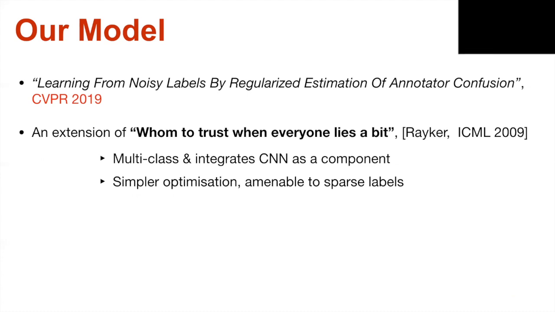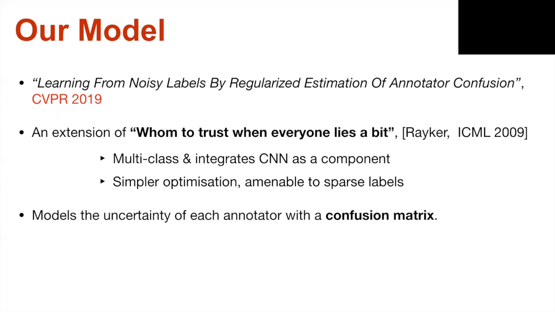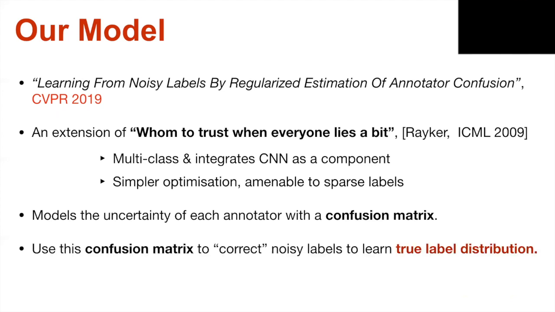I'm going to show you some results later on of how our method performs, even in the case where there's only one label available per image, where the majority vote would completely fail. Specifically, our model captures the uncertainty or noisy behavior of each annotator with a confusion matrix. The aim of this work is to jointly learn the confusion matrices of the respective annotators and the true label distribution at the same time.